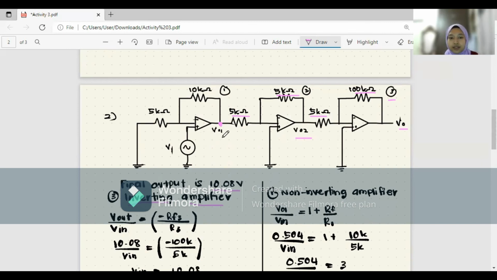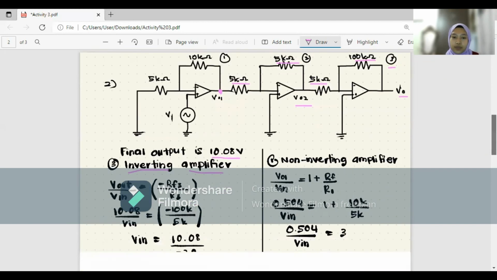So by using the answer that we got just now, we can finally find the total input voltage. For the first amplifier, this is a non-inverting amplifier, so the formula will be different than the other two.